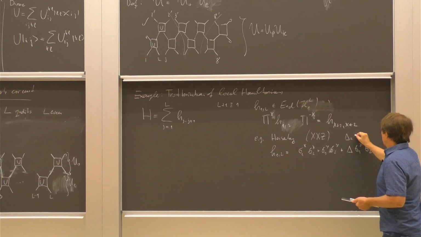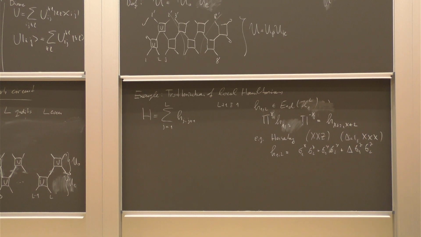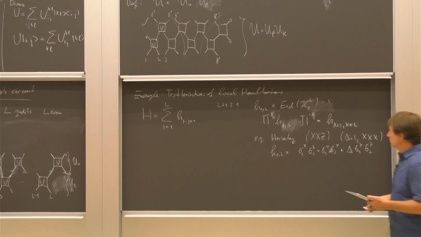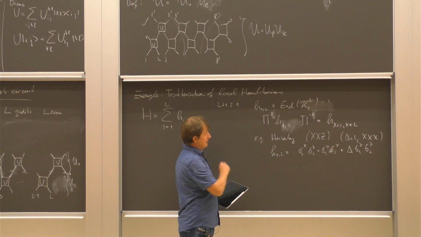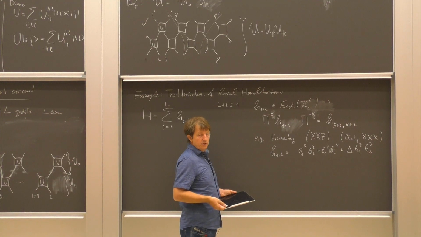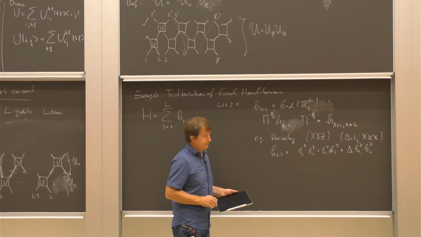Delta equal to 1 will be called XXX model. So I hope you all see this. You have all seen this kind of nomenclature. If not, this is the definition. These are very, very, very popular toy models of quantum spin chains. They are, by the way, also integrable, and I will discuss circuit versions of these models in the next part of the lecture.